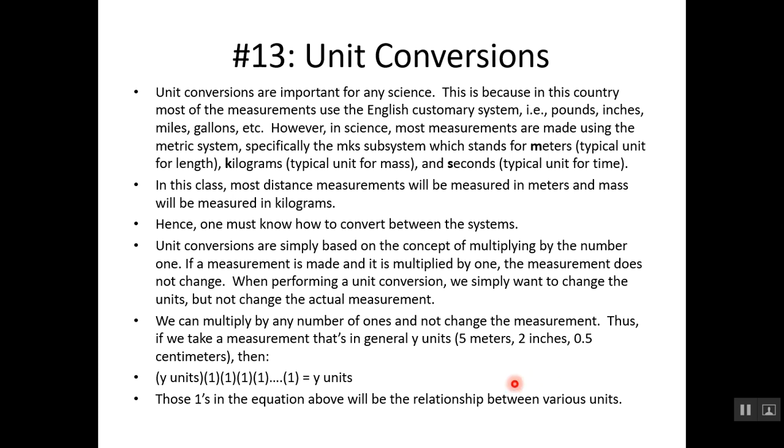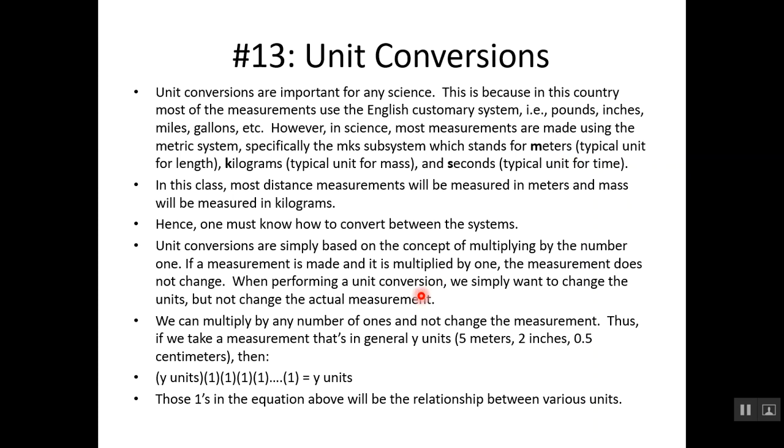In particular, we're going to use a subset of the metric system, which most sciences use, called the MKS system. All that means is that we're going to use meters to represent lengths, which is the M. We're going to use kilograms to represent mass, which we'll see in a bit. And we're going to use seconds to represent units of time, typically. So that's the MKS subsystem of the metric system.